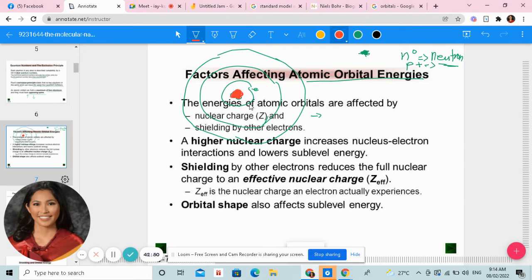So, nuclear charge is the attraction of the electrons towards the nucleus. Now, if we have higher nuclear charge, which has the symbol of Z, when Z is higher, what will happen to the interaction?